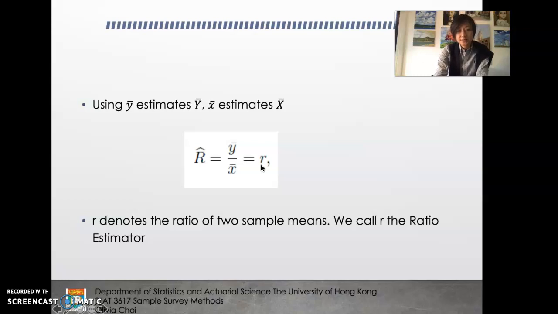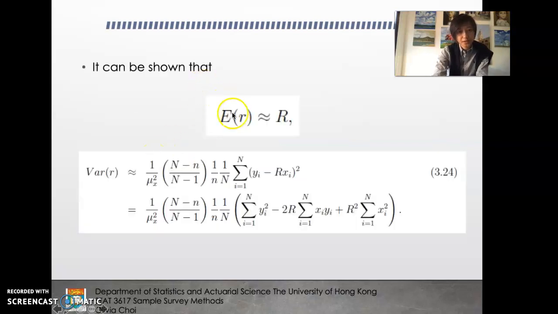We say that sample r could be an unbiased estimator for the population ratio. So we are saying expected r is the unbiased estimator of the population ratio, and that could serve as a ratio estimator for us to estimate the y bar in the population.